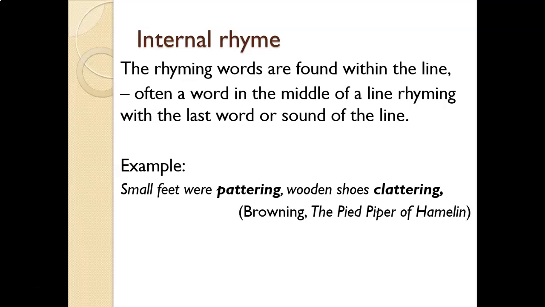Take the example here: "Small feet were pattering, wooden shoes clattering." This is one line in the poem, but inside the line there are two words which rhyme. These rhymes are called internal rhymes. I hope it is very clear.